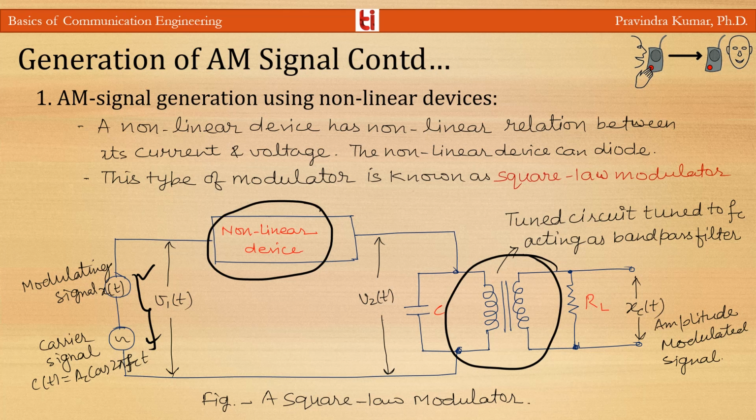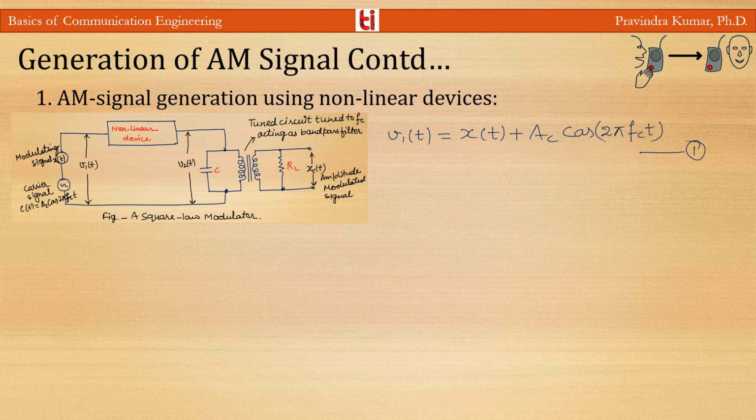In the circuit, the modulating signal and the carrier signal are connected in series with each other, and their sum v1(t) is applied at the input of the non-linear device such as a diode, transistor, etc. Here v1(t) is the summation of the modulating signal x(t) and the carrier signal Ac cos 2 pi fct.